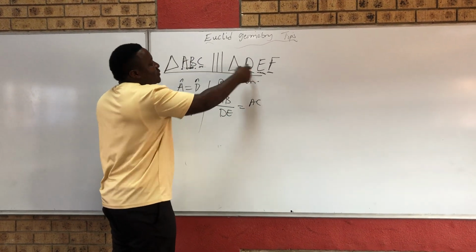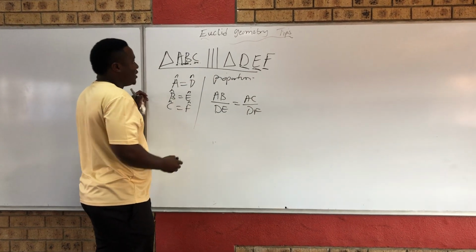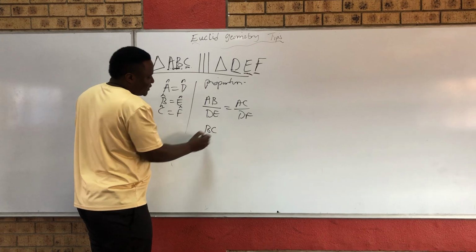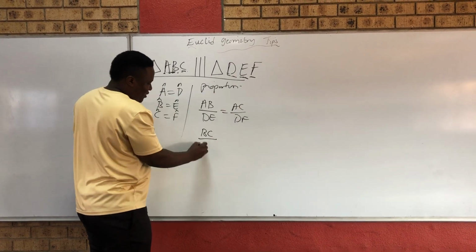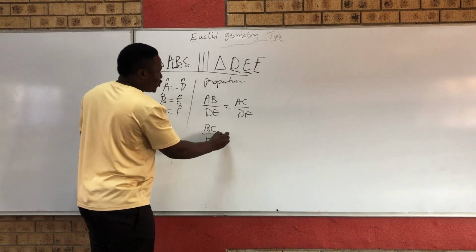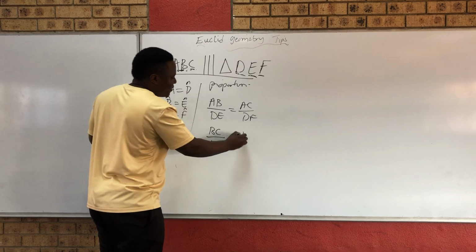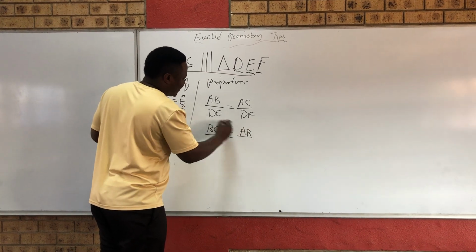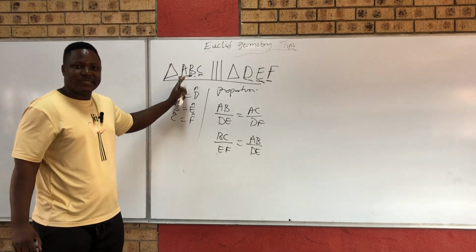If you are using AC, you must also take DF. And if you take BC, you use EF. You can also take AB, which is going to be the same as DE as well. So these things need to correspond.